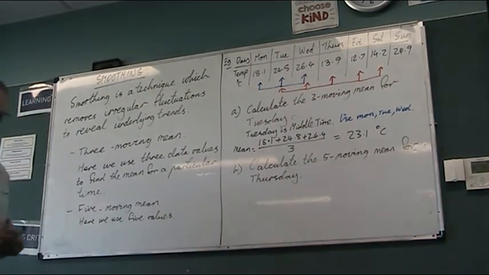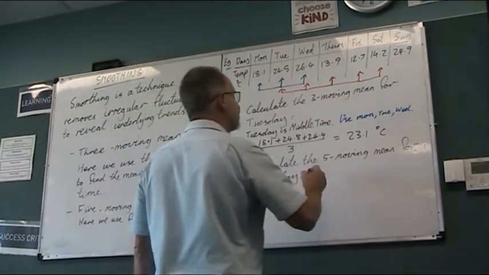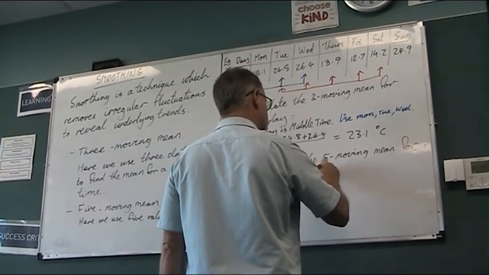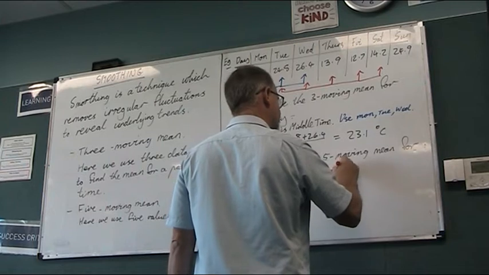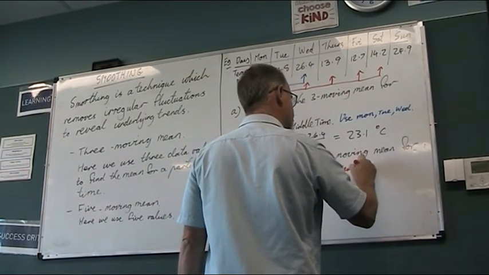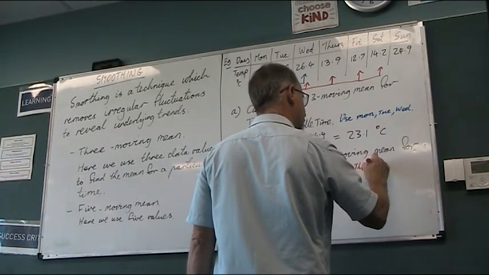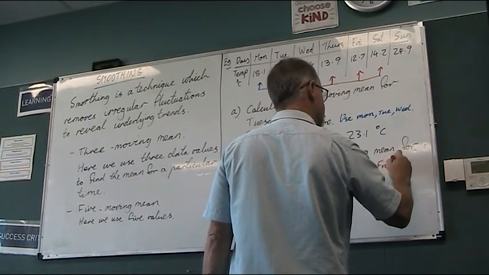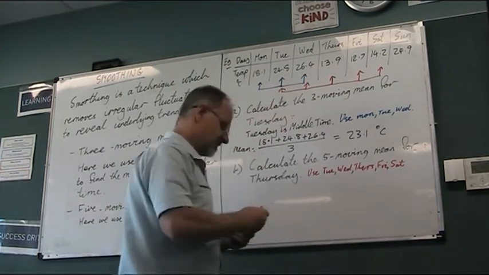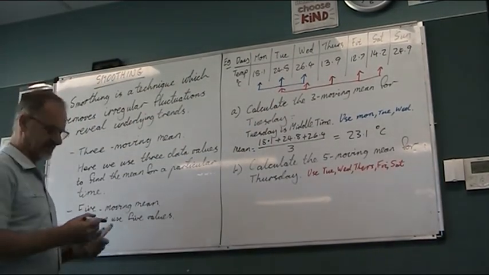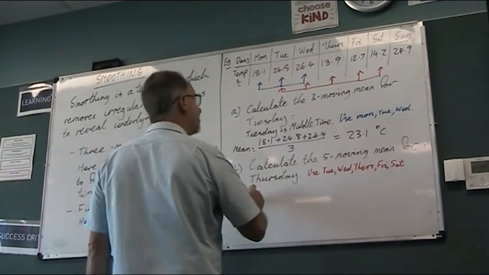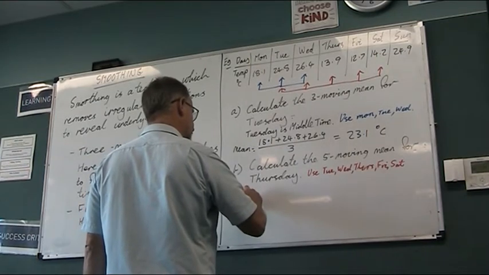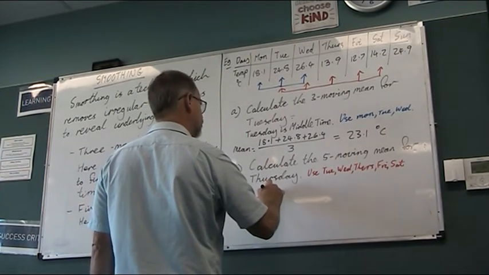So we're going to use Tuesday, Wednesday, Thursday, Friday and Saturday. And you just take those values, add them together, divide by 5, and there's your mean, your smoothed value.